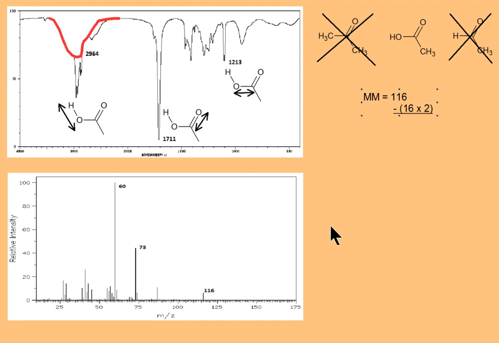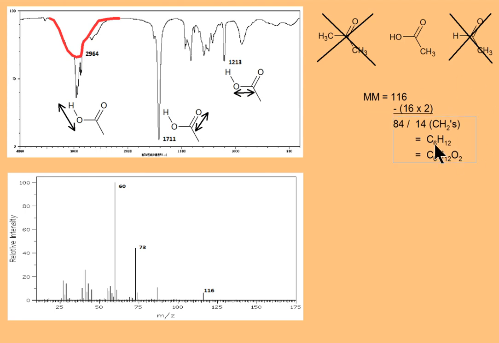So as we look at the molar mass, 116 from the mass spectroscopy, we of course can account for two oxygens, the carbonyl oxygen and the OH oxygen. So we need to subtract 32 units from the mass. That leaves us with 84 units. Now we can divide by 14, because now it's just carbon and hydrogen, to tell us the relative number of CH2 units.